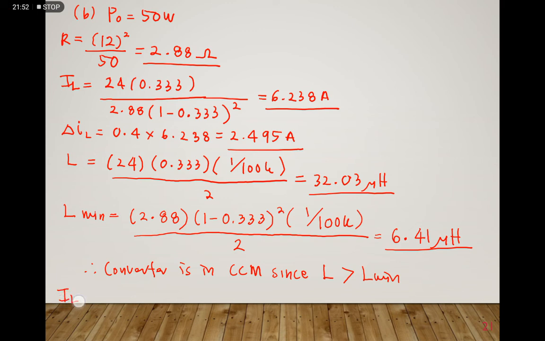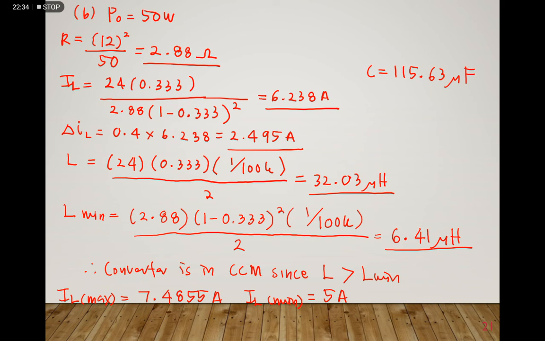The IL max, which is the affected parameter, will be equal to 7.4855 A. IL min will be equal to 5 A, and also the value for your capacitor here is 115.63 microfarad.